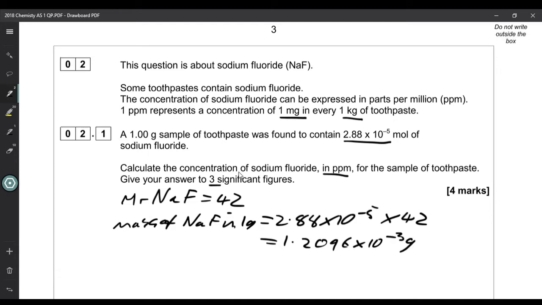Okay, so for the concentration in parts per million, we've got to work out how much is in a kilogram.